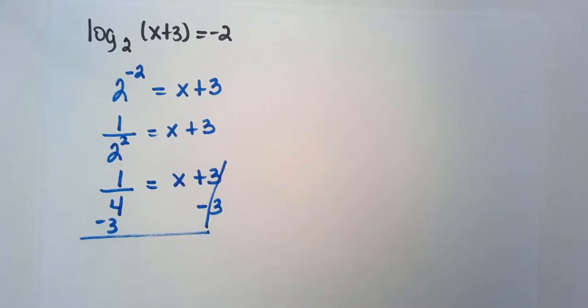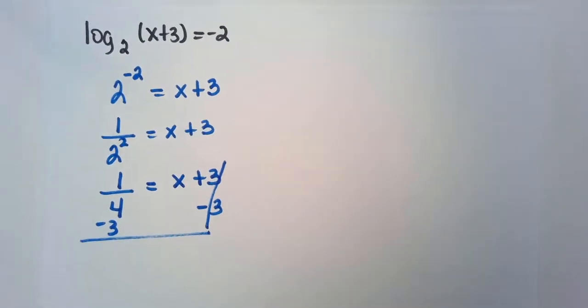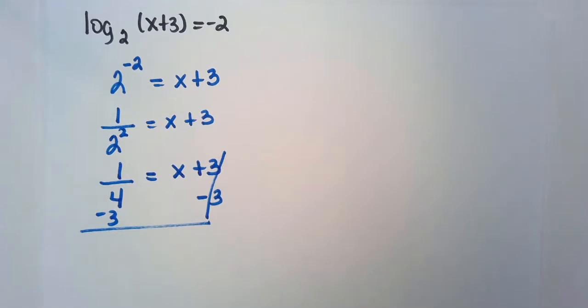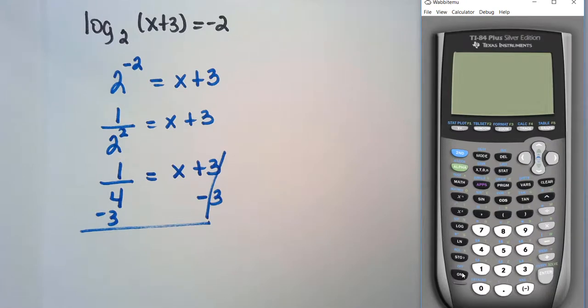And for time's sake, let's go ahead and put this information into our calculator. So I'm going to bring the calculator back up here. Let's clear what I have. So we have 1 divided by 4. I'm going to press enter, then minus 3. And we get negative 2.75.